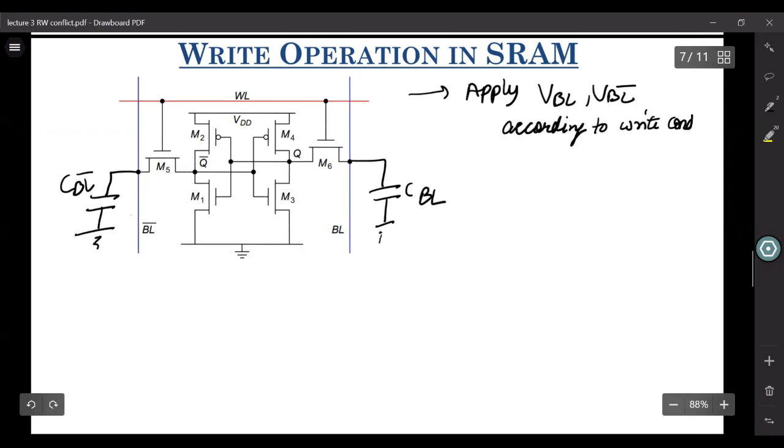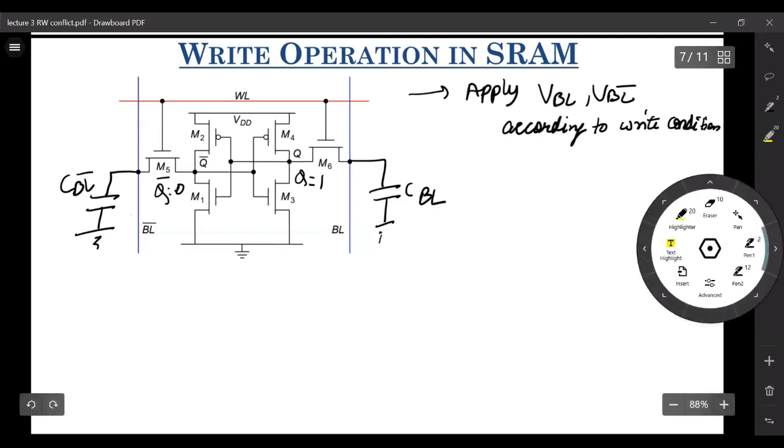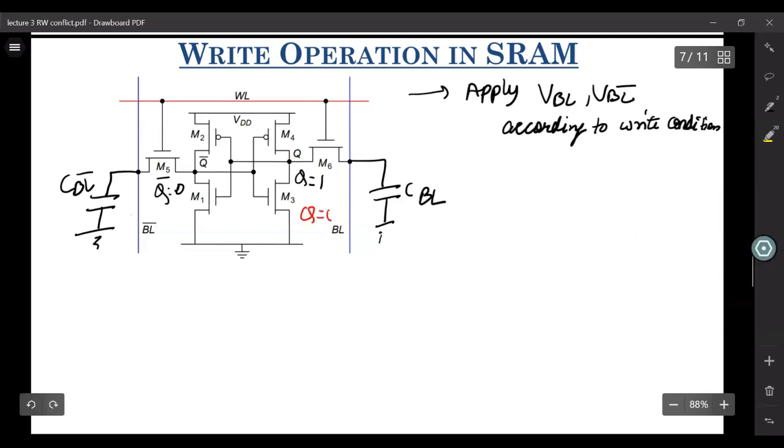Let's say this was Q equals 1 and Q bar equals 0, and now we want to write Q equals 0 and Q bar equals 1. So we apply VBL equals ground, and here we apply VBL bar equals VDD.